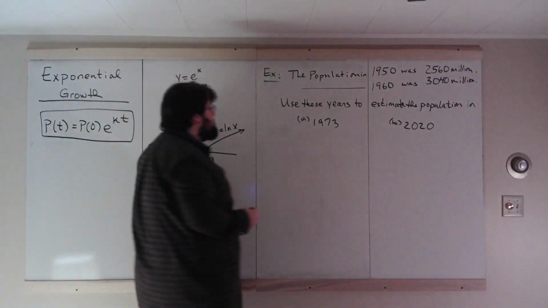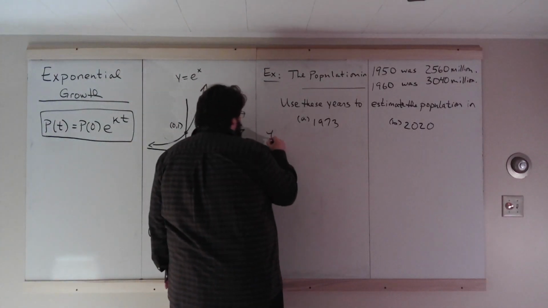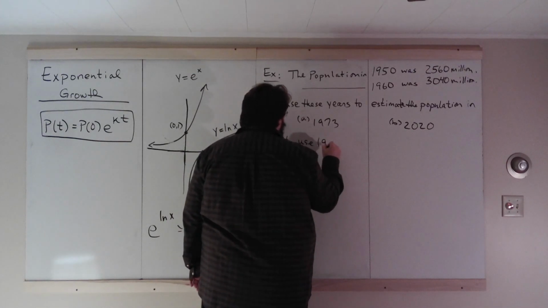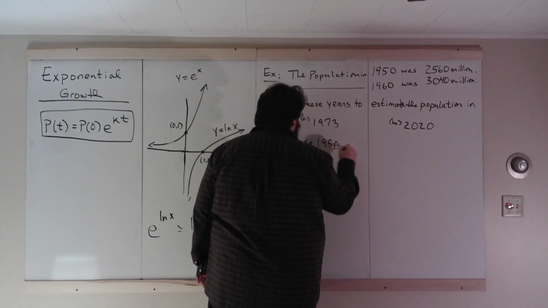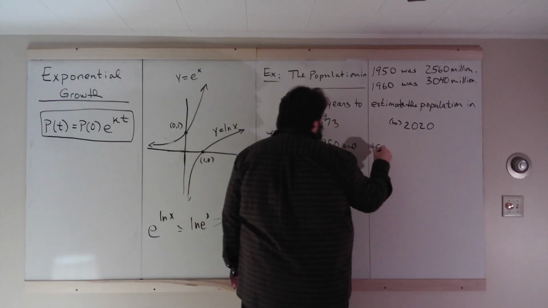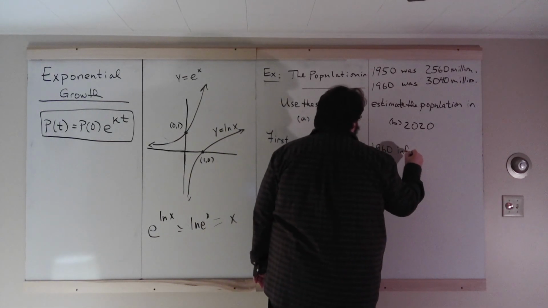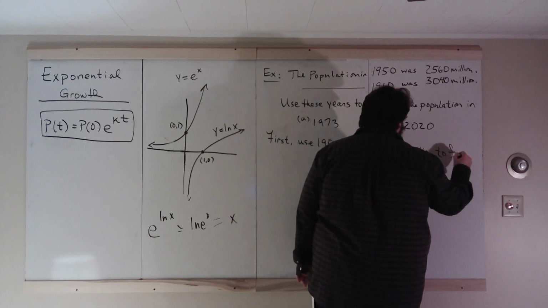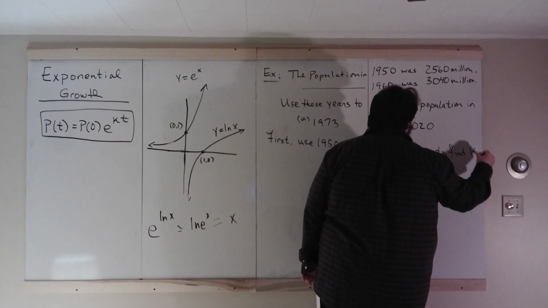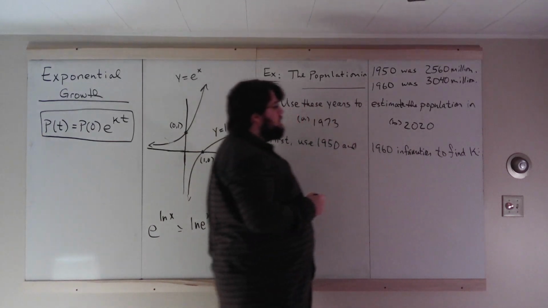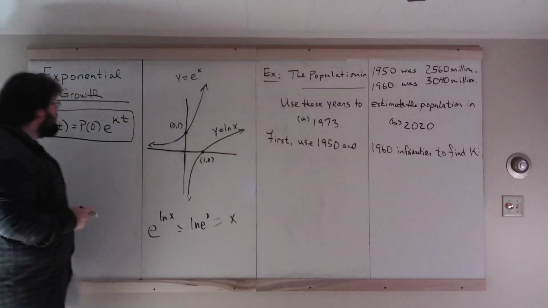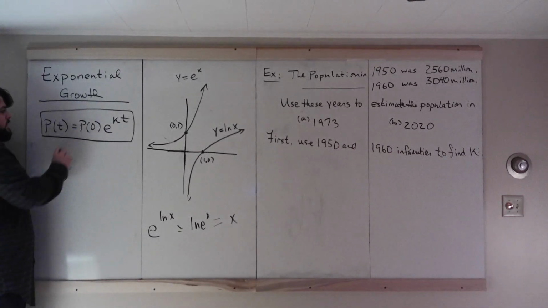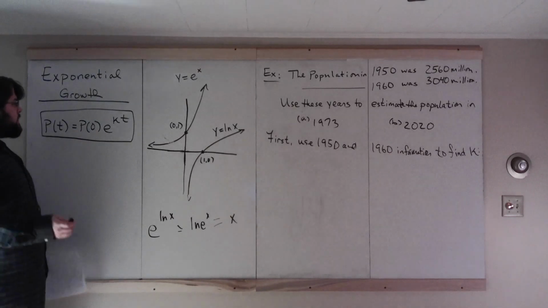So I'll write first, use 1950 and 1960 information to find the constant k. And here's how we're going to do it. Well, we're going to treat 1950 as our base year, and then 1960 will be what happens 10 years later.